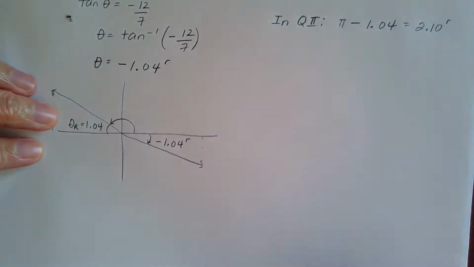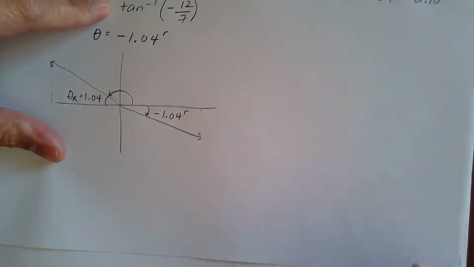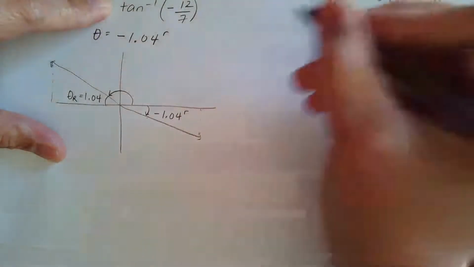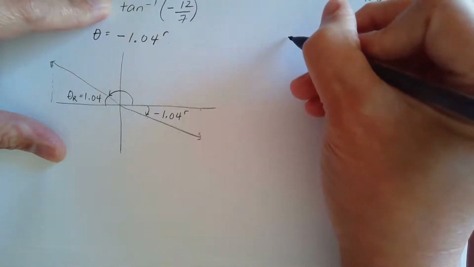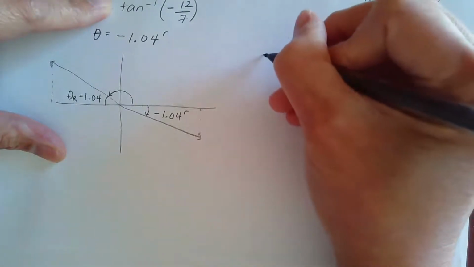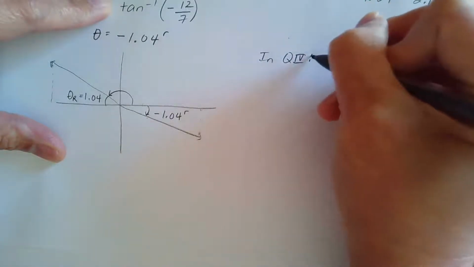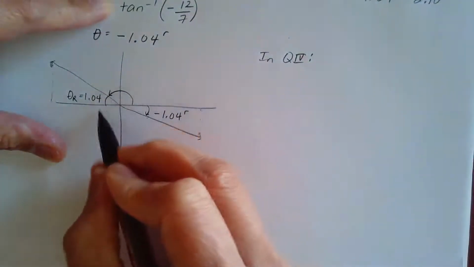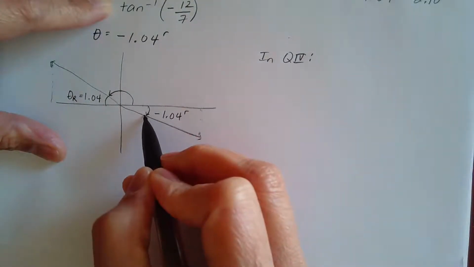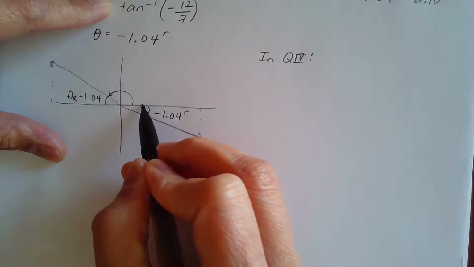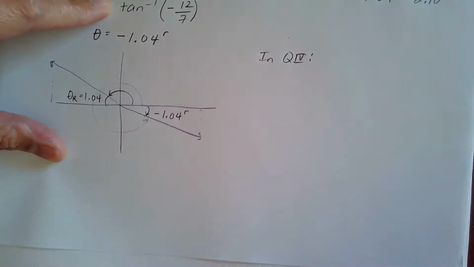So what we need to do is find all coterminals. In quadrant 4, it's going to be negative 1.04 this way. To go from a positive angle would be to go that way.